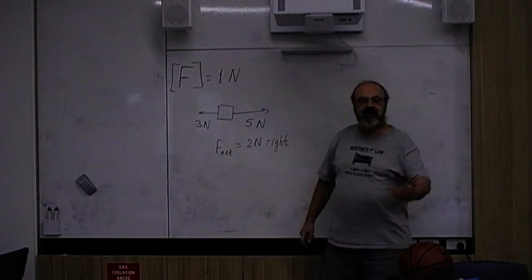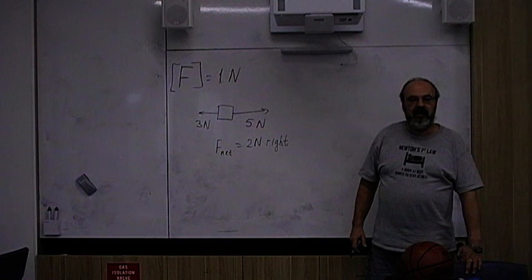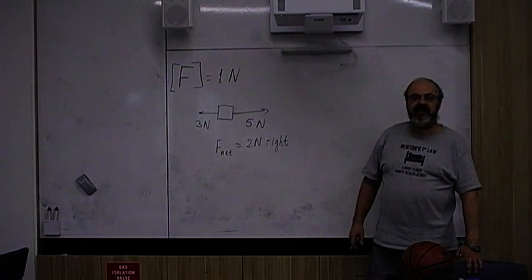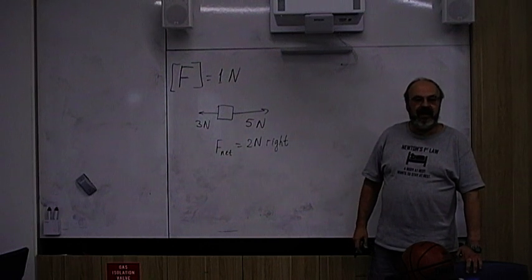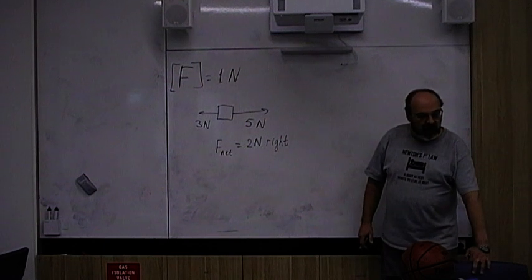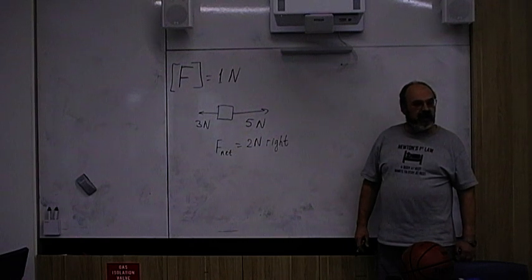Do you always minus the smaller number? Like if 5 was on the other side and 3 was on the other side, then the answer will be minus? 5 to the left. Sorry, it will be 2 to the left. So what's F net? F net is the overall force, when we add all forces. It's 5 minus 3.